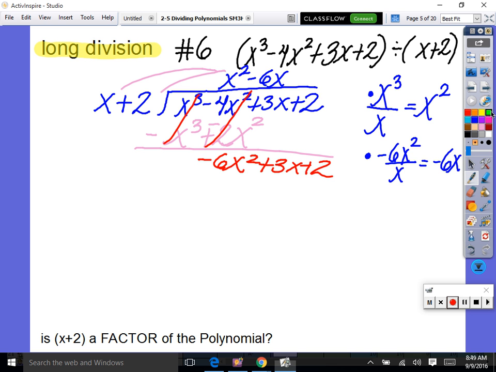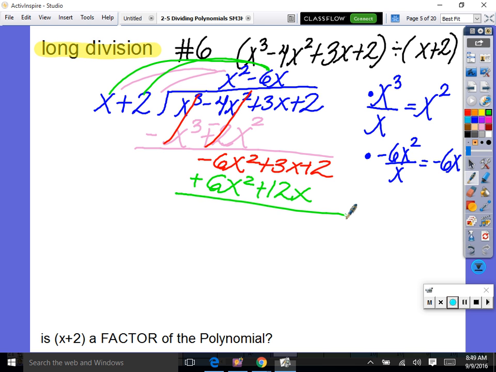So negative 6x times x is negative 6x squared. Negative 6x times positive 2 is negative 12x, correct? We've got to change our sign on both of those. And we add straight down. Negative 6x squared plus 6x squared is gone. 3x plus 12x is 15x. And then we have still plus 2.